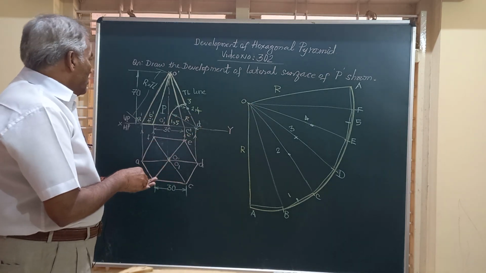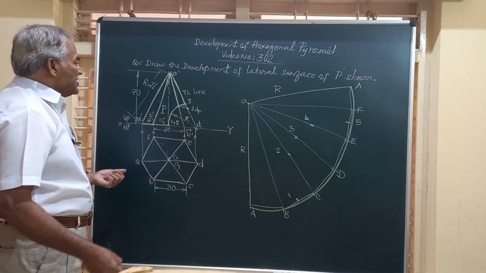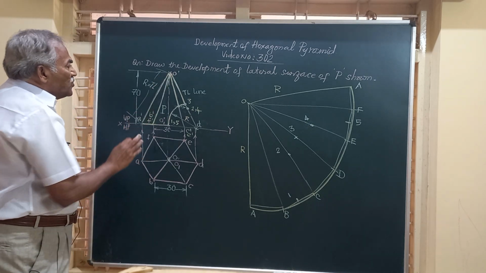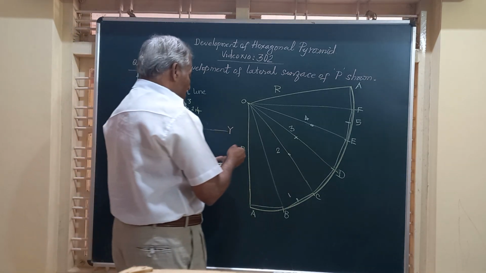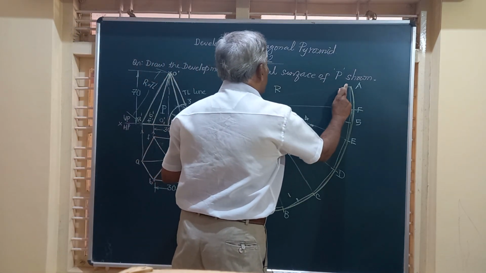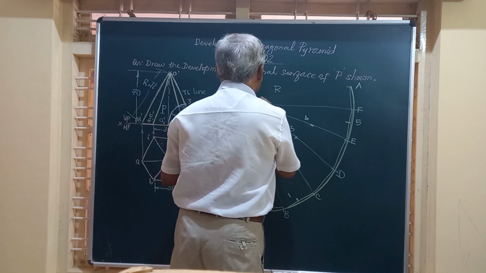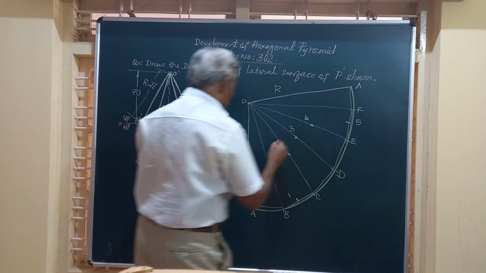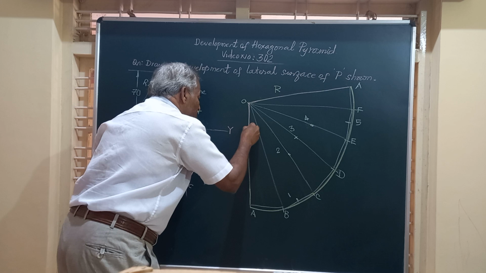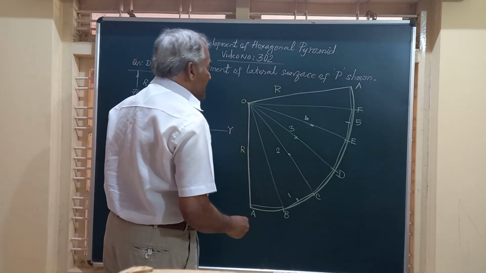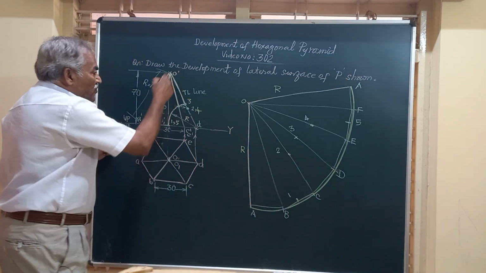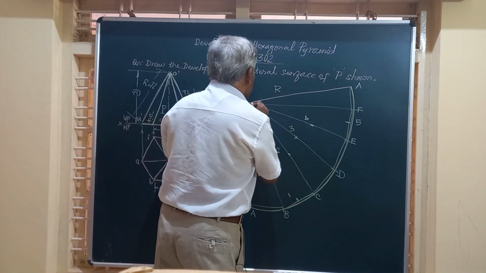Friends, now if you just observe this figure, the line OA is retained, OB, OF are also retained. So I will show this OA by a full line. This OA is also to be shown by a full line. There is a visible line. And friends, OB, OF are also retained.